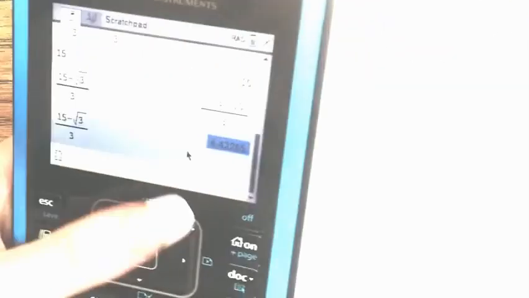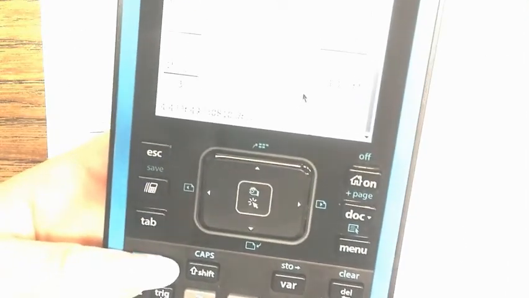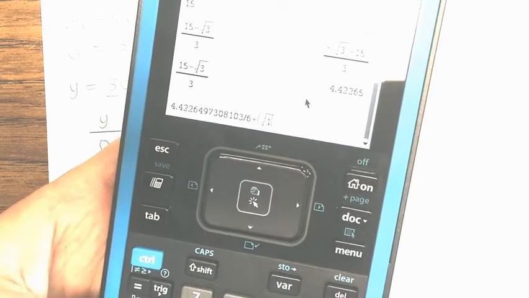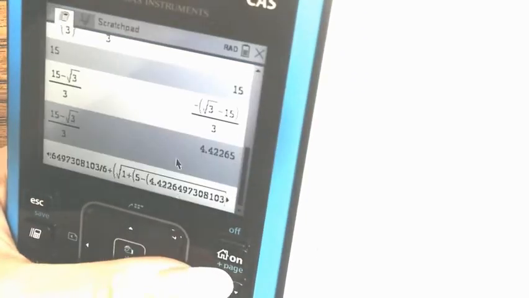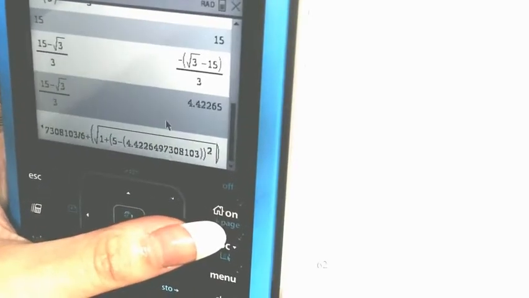So you have that expression divided by 6, plus the square root of 1 plus, in parentheses, 5 minus the decimal, squared, and then that's going to be divided by 3.